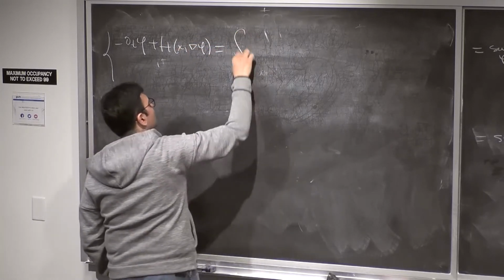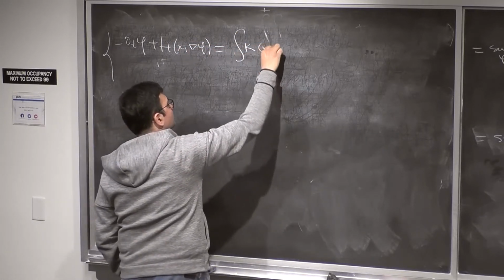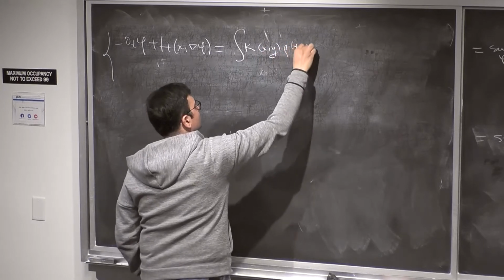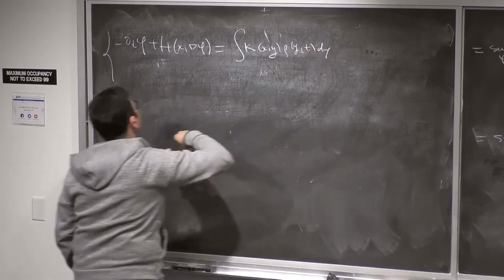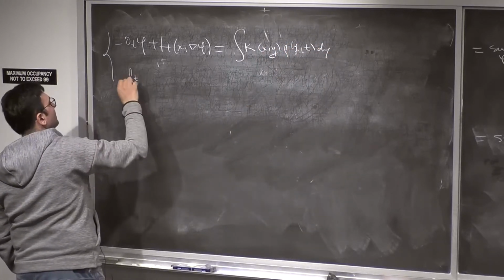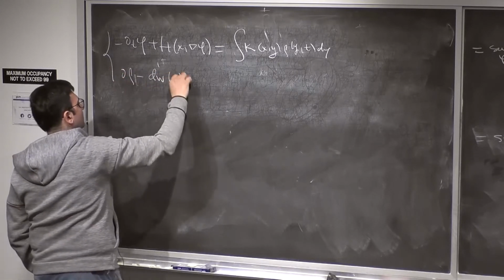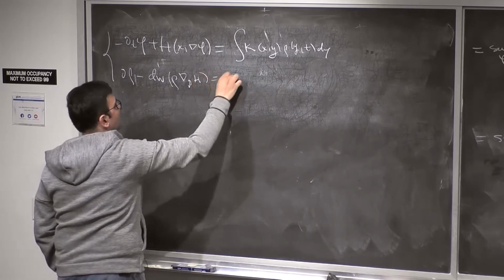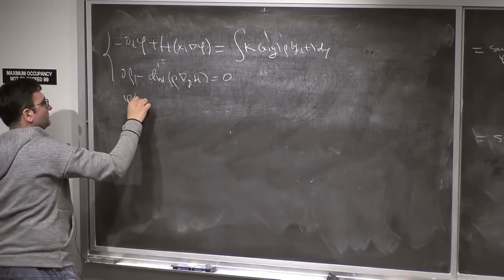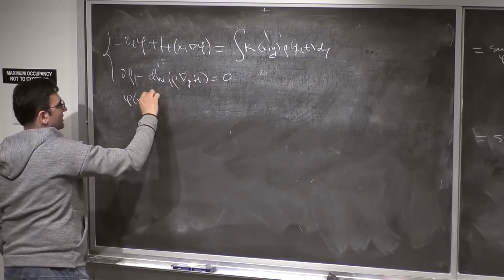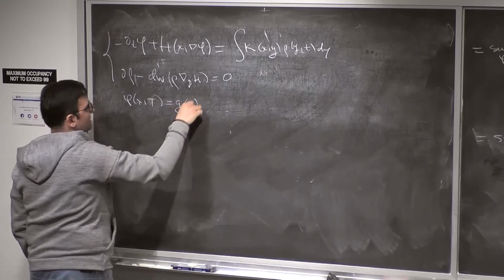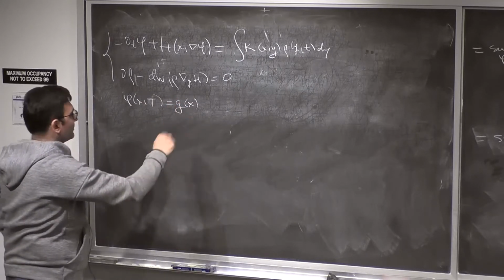So let's assume that here phi of x_T is g of x. So I take a simple cost function at the end. I don't put coupling at the end.